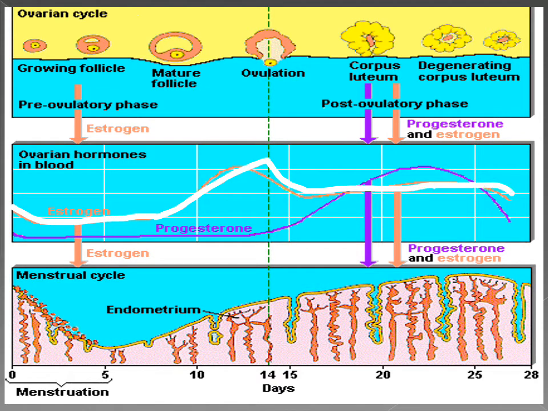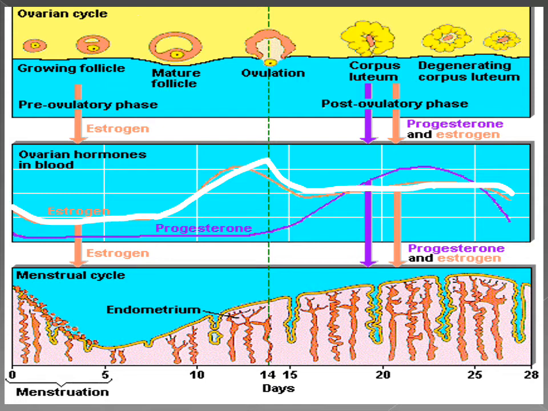Here is the line showing the level of estrogen during the month. It starts to increase after menstruation and it peaks, becomes the highest on the middle day of the cycle.